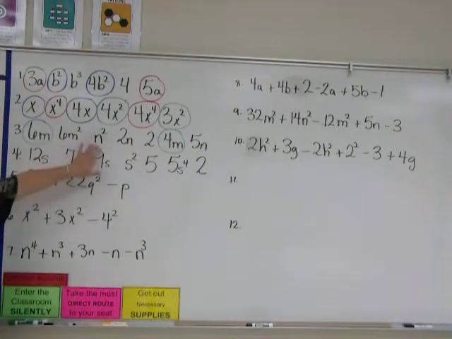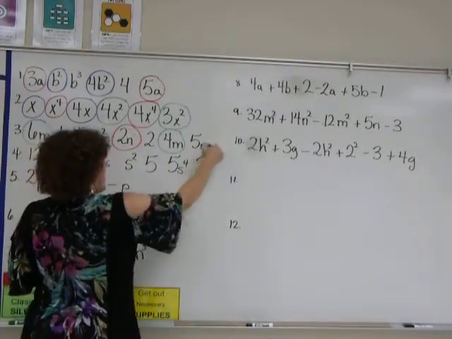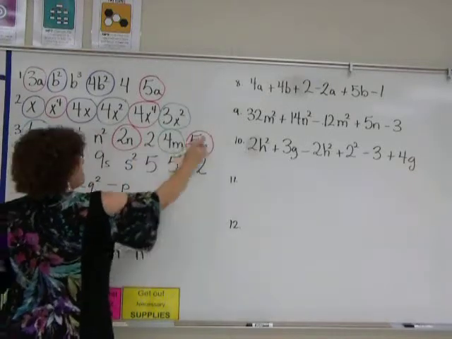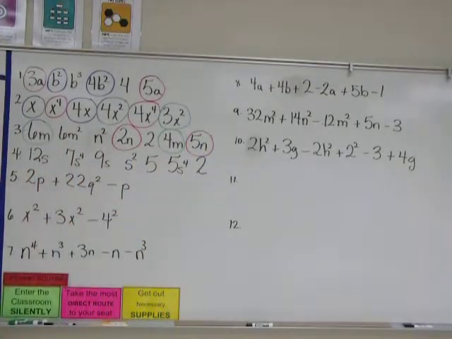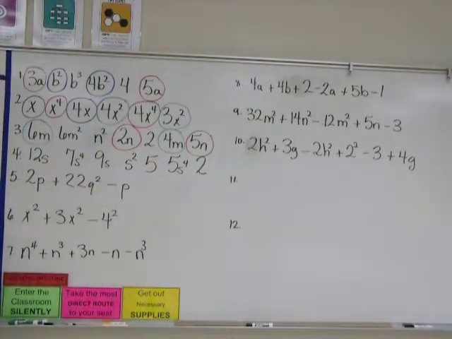So that one did not have a match. N's raised to no power, N's raised to no power. These two are like terms. And your whole number did not have another term that was like. Any questions about number 3? Because these two are the only sets of like terms in number 3.